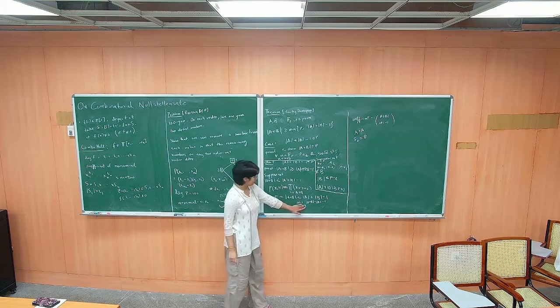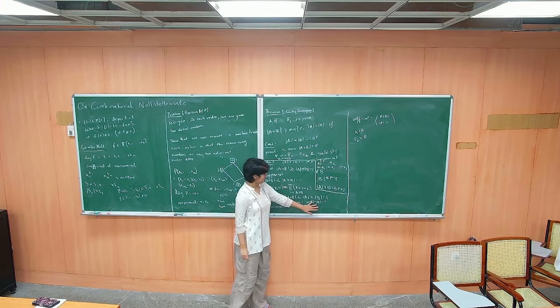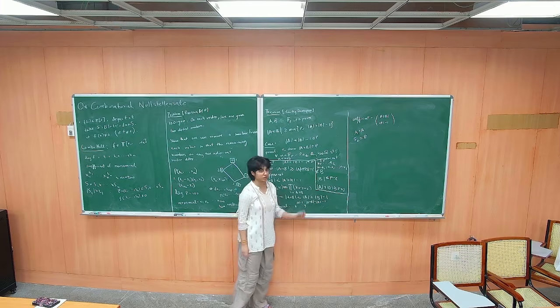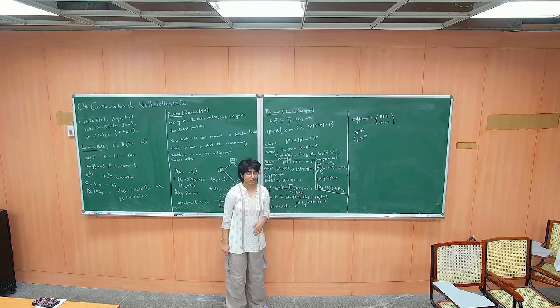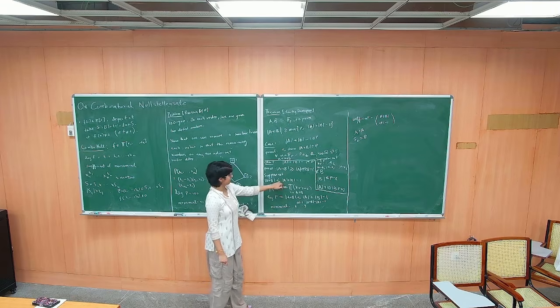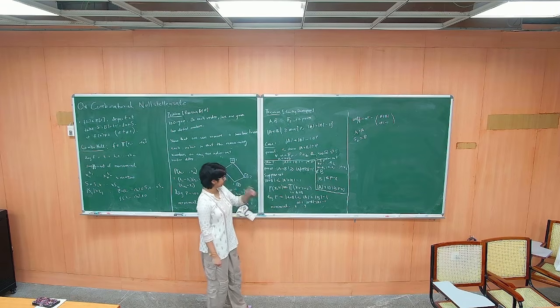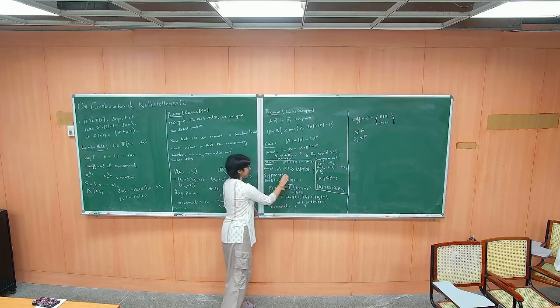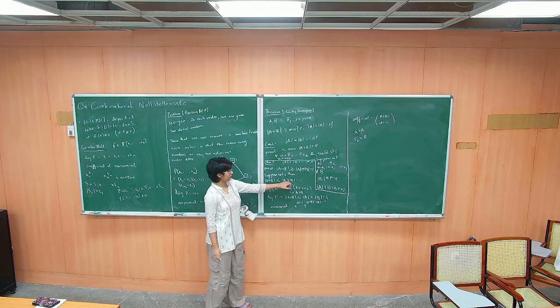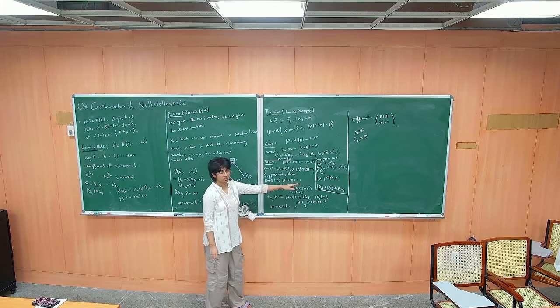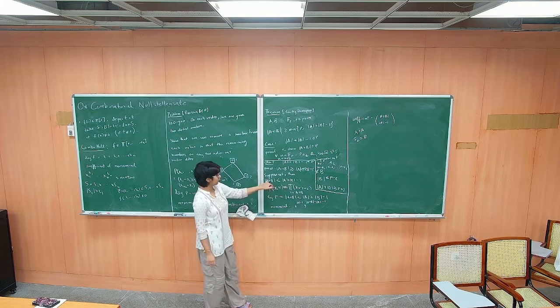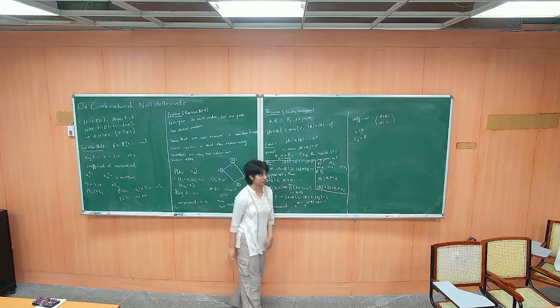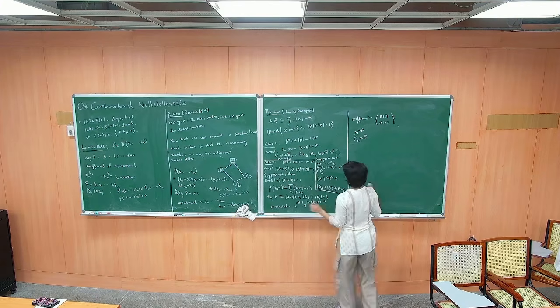But I want my B to be greater than mod A plus B minus mod A minus 1. But that is ensured by this thing, because I have assumed that mod A plus B is strictly less than mod A plus B minus 1. So I can use combinatorial Nullstellensatz.